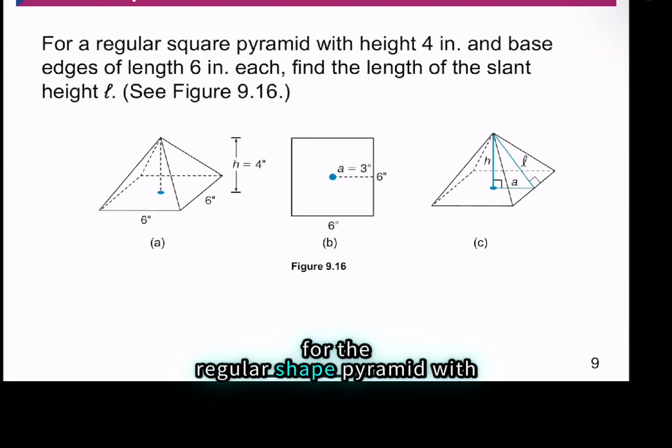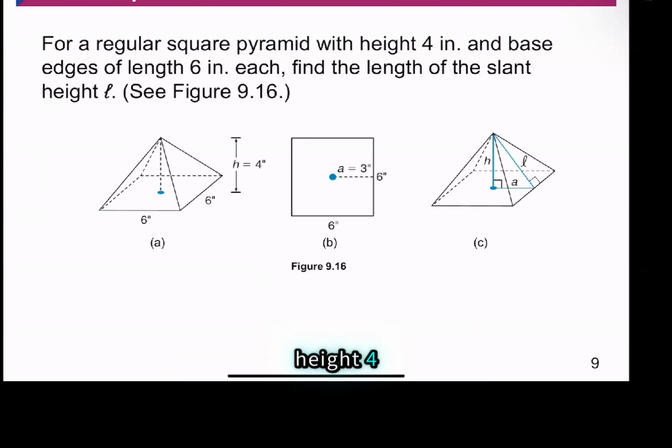For the regular pyramid with height 4 and base edge of length 6, find the length of the slant height L. The height from the apex, perpendicular to the base, is 4.